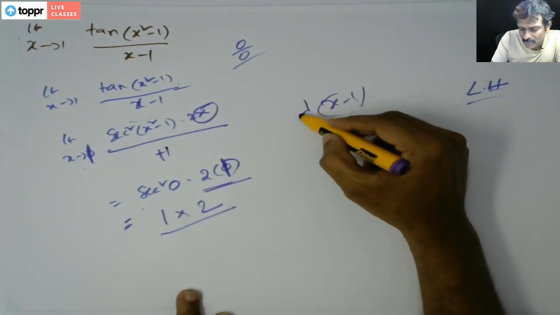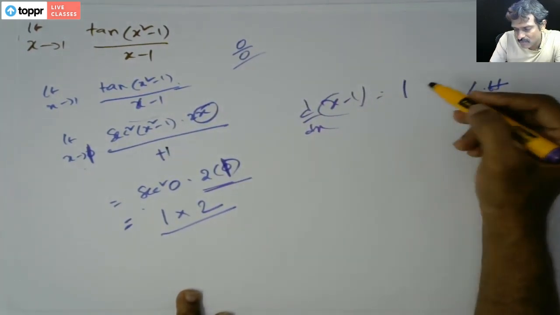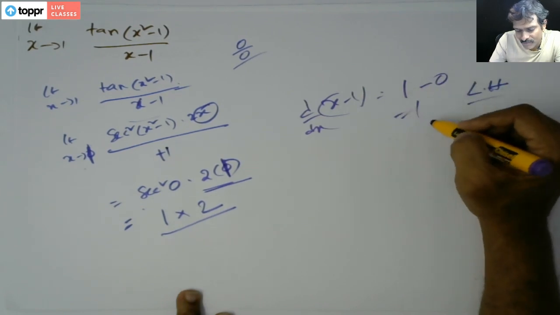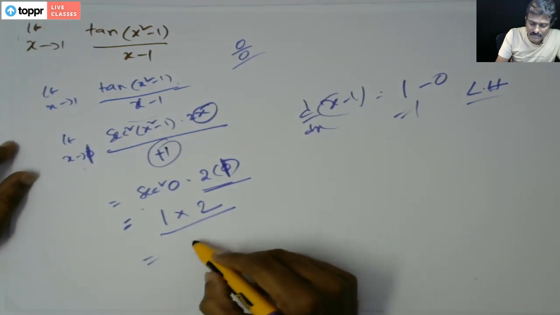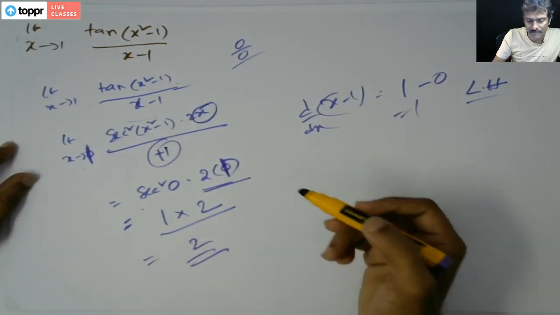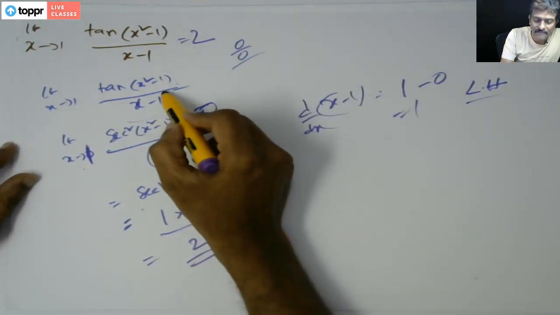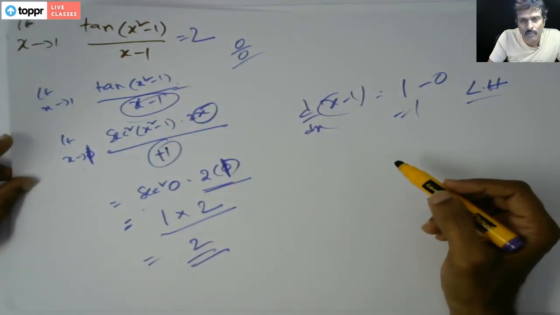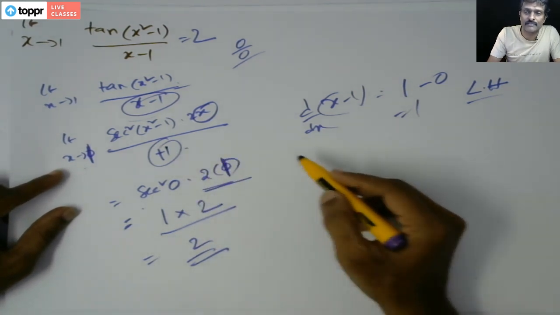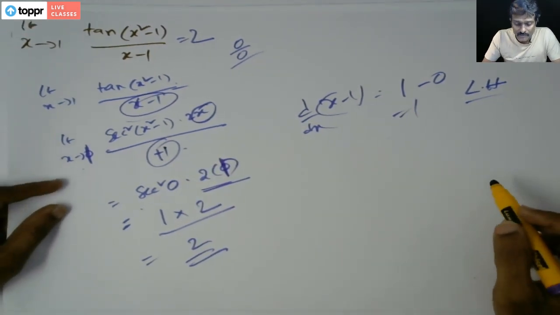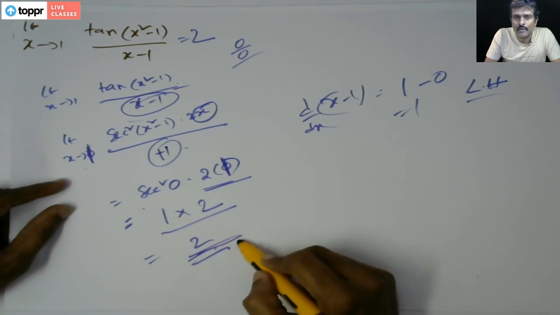X minus 1's differentiation is 1 minus 0, which is 1, I'm sorry, so that should be plus 1. So this is equal to 2 is the limit of this one. The differentiation of x minus 1 is equal to 1. I want to see your comments after this video, like how many of you have pointed out that this is plus 1, not minus 1. I'll check through it, but fine. So this is 2 here.